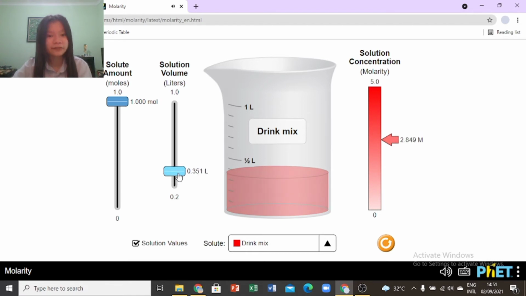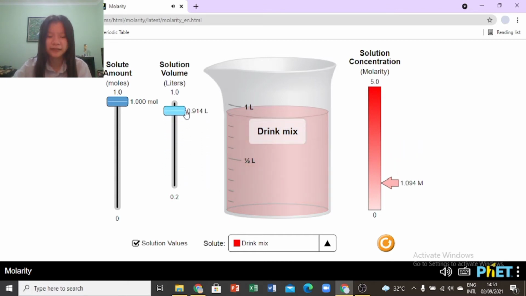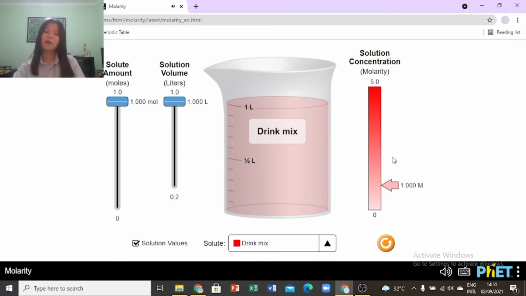As we can observe here, when I increase the volume, the molarity is decreasing. Finally, when the liters is at the maximum, the molarity is only 1. Look at the color of the solution. Now it's more transparent than before. The last thing, when I decrease the moles again, what will happen?